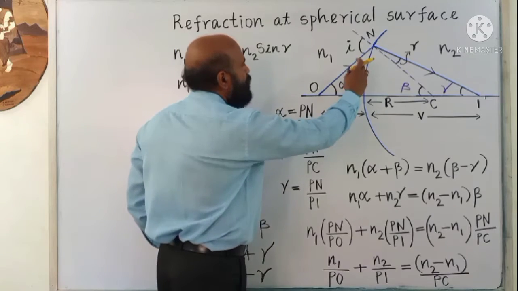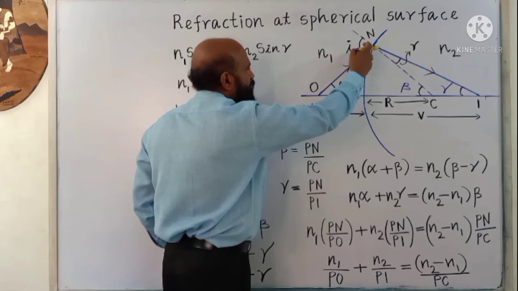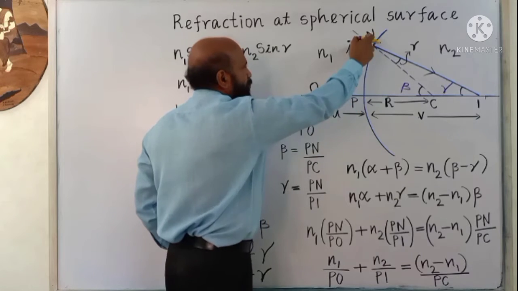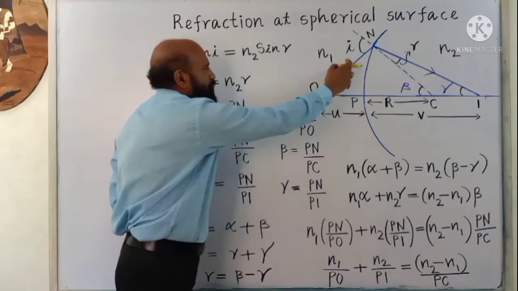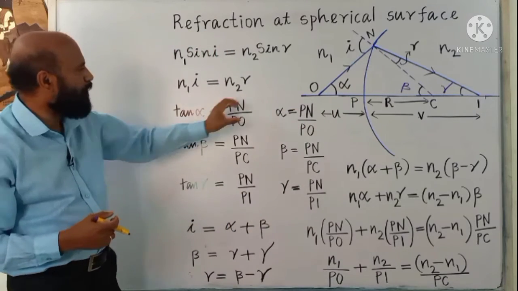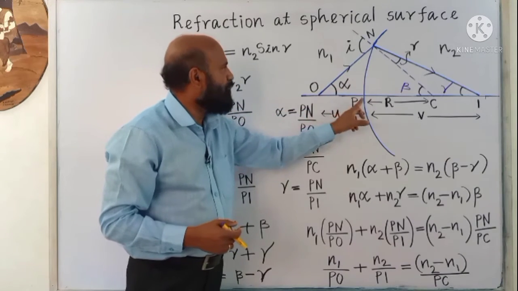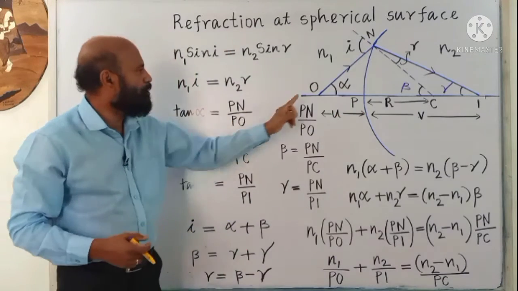Now since the angle is very small, you can consider NP almost a straight line. So in this triangle, tan alpha is opposite side by adjacent side, so PN by PO.